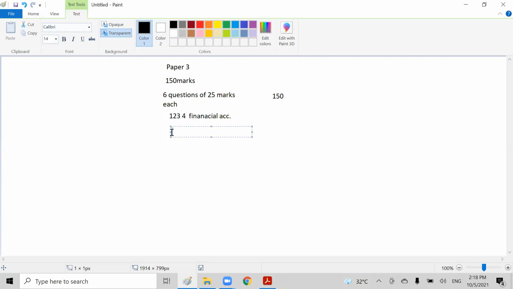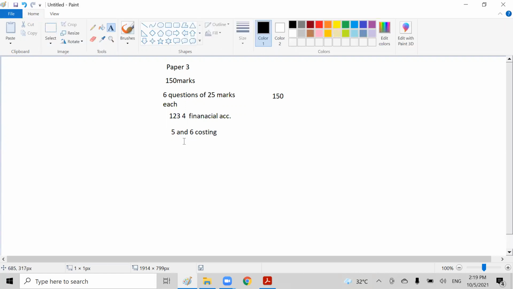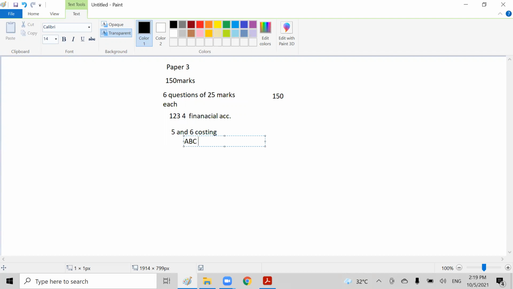Questions number 5 and 6 are from cost accounting or management accounting, you can say, which basically covers 4 chapters, which include ABC costing, budgeting, standard costing, and investment appraisal. These are the 4 chapters from which you are going to have your paper for questions 5 and 6.